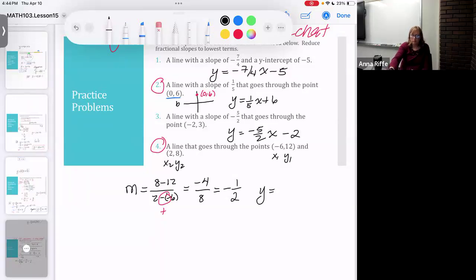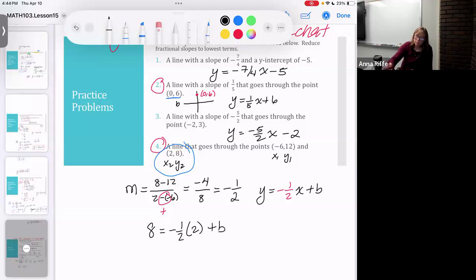So I've got y is equal to, we'll update our slope, -1/2 x plus b. Once we've got that, I can take, well, let's not use that point. Let's take this point, doesn't matter. And substitute those two values. Y is 8, -1/2, x is 2, plus b. 1/2 of 2 is 1, so this is -1 is equal to 8 plus b.